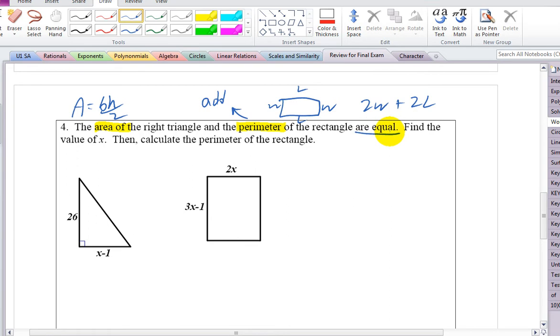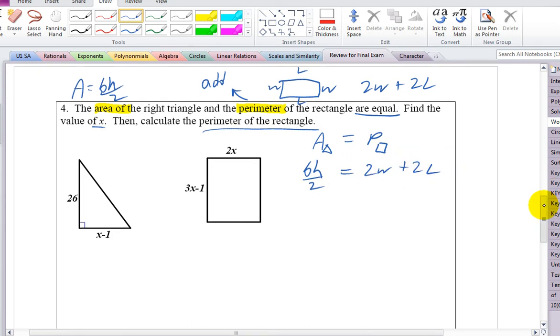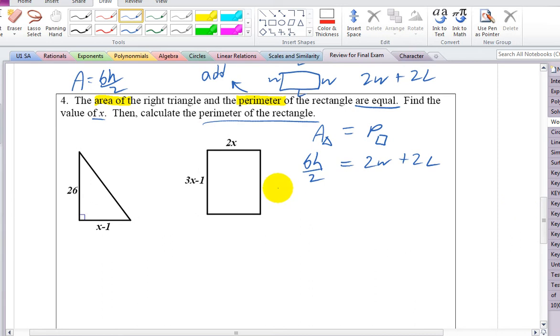So these two are equal. We have to find x, then the perimeter of the rectangle. So we have area of the triangle equals perimeter of the rectangle. So base times height divided by 2 equals 2w plus 2l. Now we can substitute in the algebra.